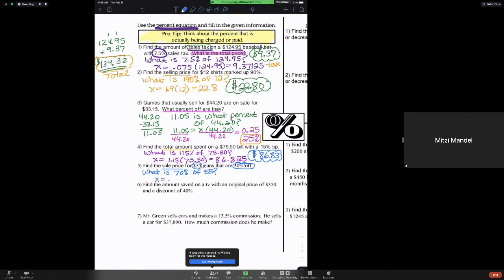Again, you can use proportions if you want to. I just really like equations because they're so fast and easy. And if I can figure out what percent I'm looking for, it's just one multiplication or division problem and I'm done. So let me do 0.7 times 55 and I get this answer.